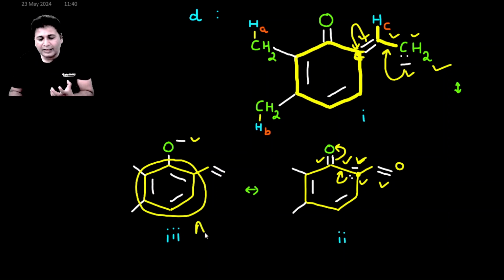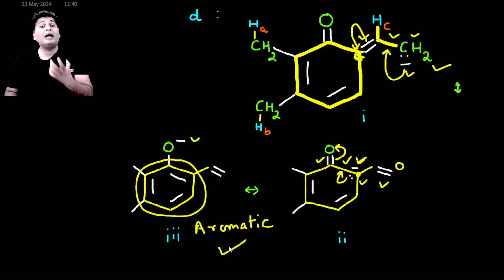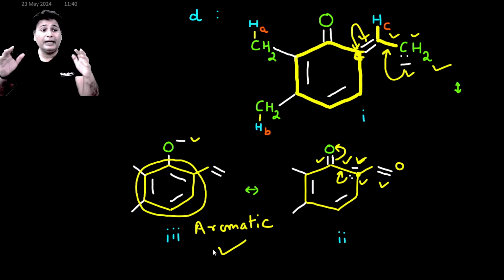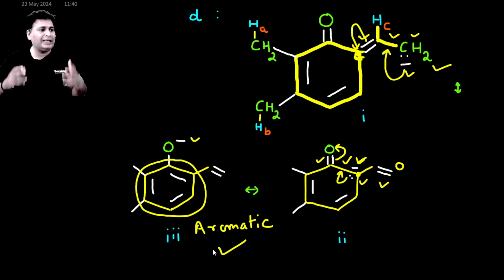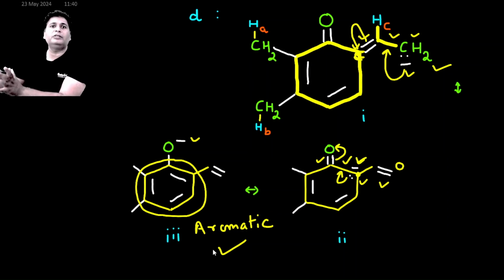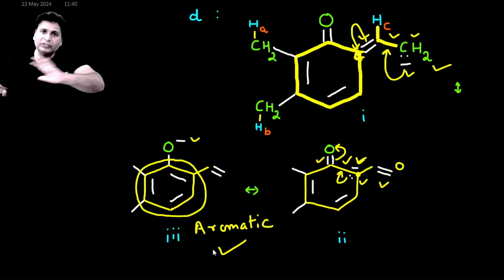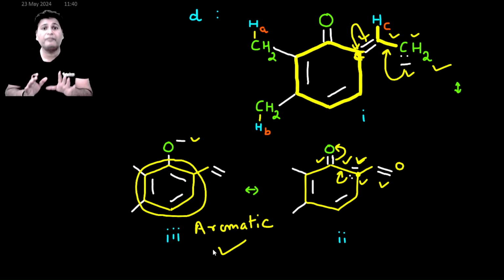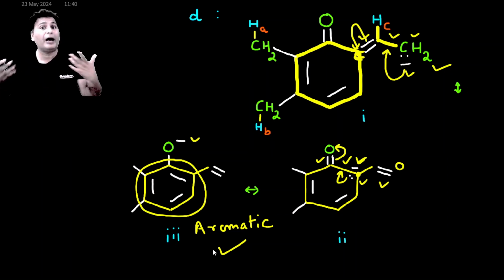So aromatic behavior is now appearing in this carbanion, and aromaticity makes it more stable. For example, in any question, if you find that one of the options is making things aromatic, and the rest of the options are not, they are just general, then you should give preference to the one which has got aromatic character.